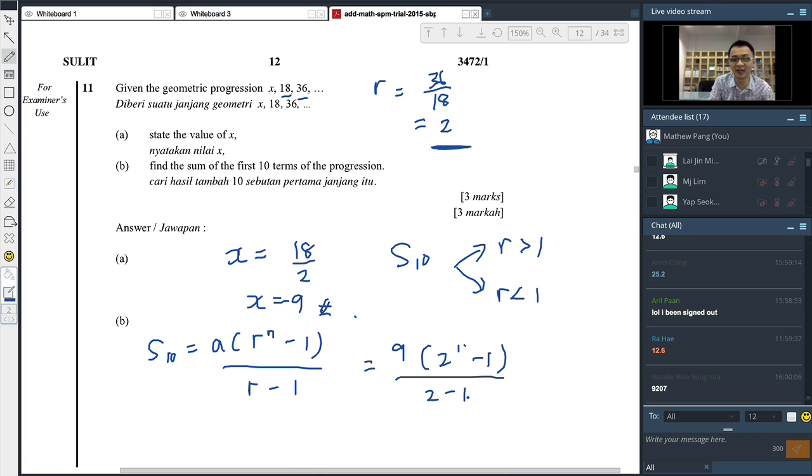Should be 9207. Okay, very easy. But always remember, for sum of first n term for geometric progression, you have to think the R value is bigger than 1 or less than 1.